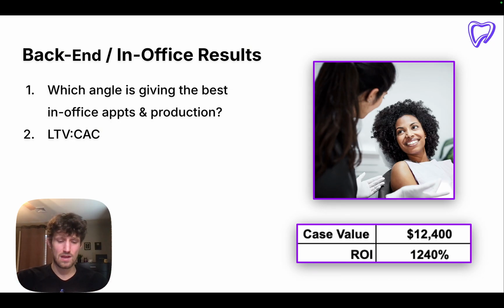And then ultimately analyzing your lifetime value to cost to acquire a customer, or LTV to CAC ratio. So if on average it's costing us, say, $100 to acquire a general dentistry new patient, that LTV on that patient is, in my opinion, theoretically at least a couple $1,000s.